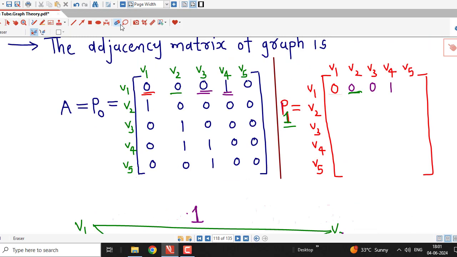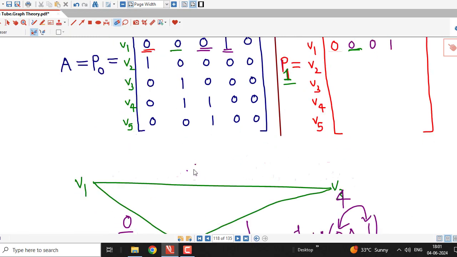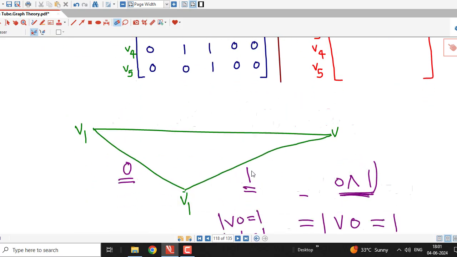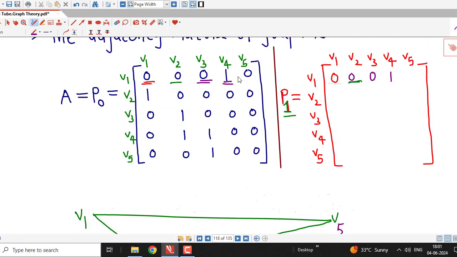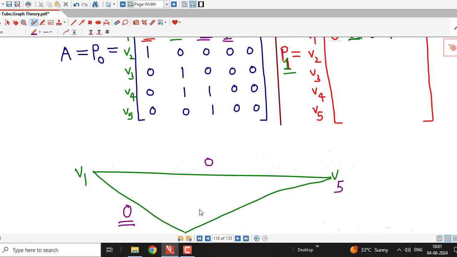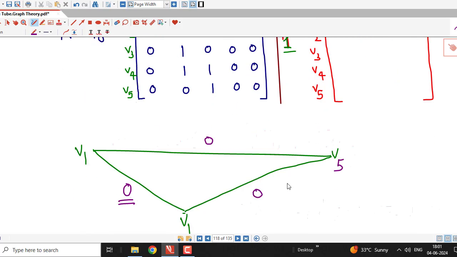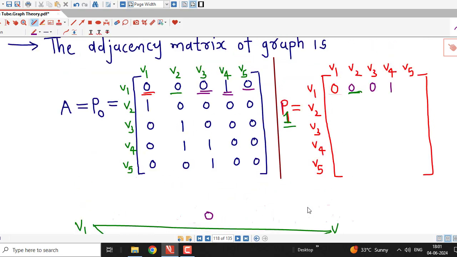Okay, fine. So now I am interested from V1 to V5. So let me remove this. From V1 to V5 I have to check in P0 first. So let me check in P0. From V1 to V5 we have 0 here, and this is also V1 to V5, so 0. 0 and 0 will give me 0, and that I will take with this 0, so this is going to be 0.